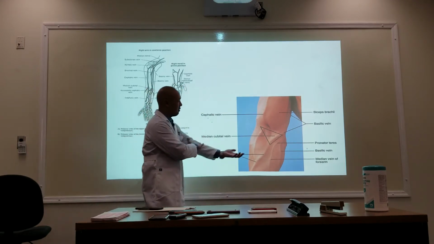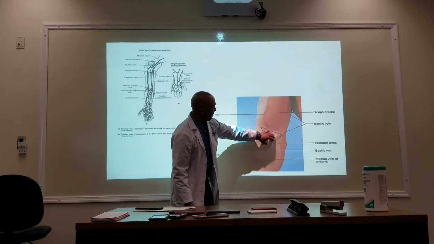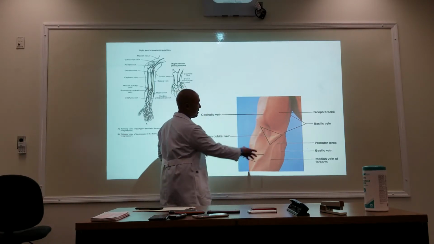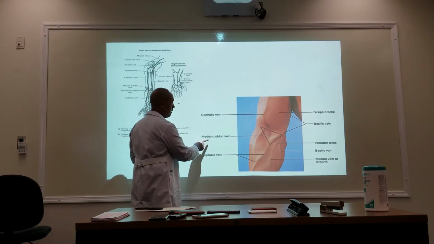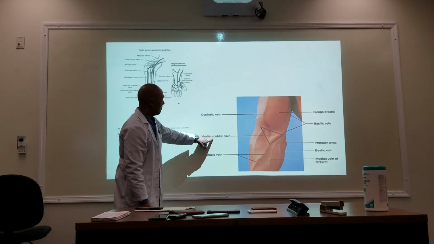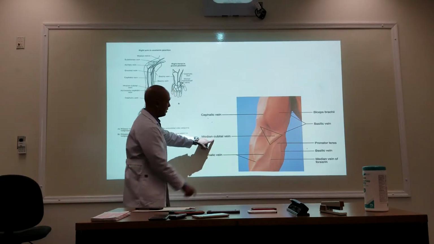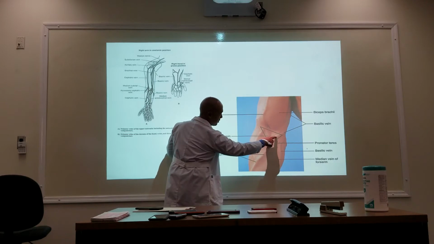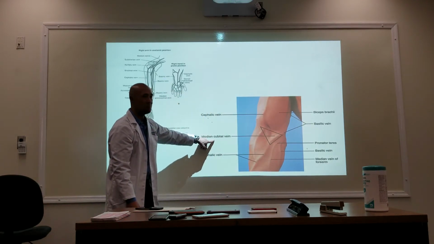So this area here, the crux of this, I'm not going to spend a lot of time here. This area here is, again, the antecubital fossa. This is going to be a little bit confusing because it says median cubital vein. The median cubital vein, the other name for that is the median basilic vein. So when it's pointing to this, it's actually also pointing to part of the basilic vein.